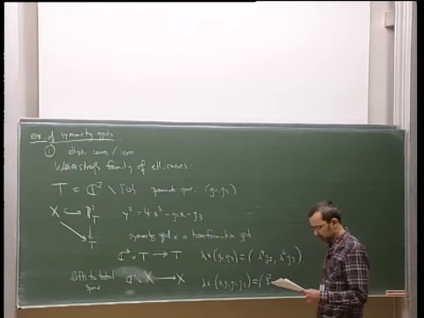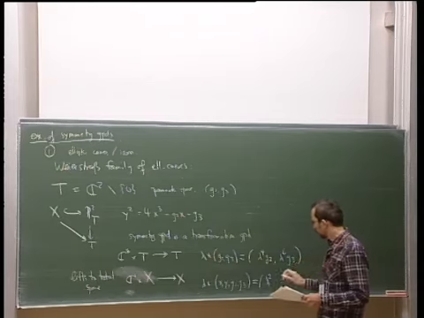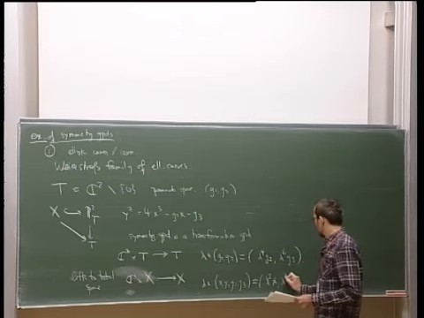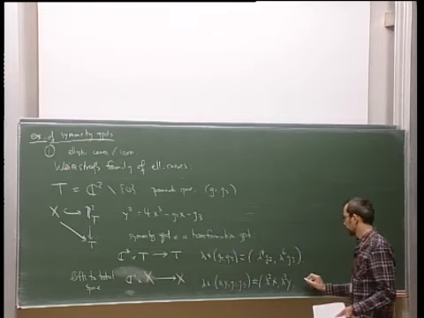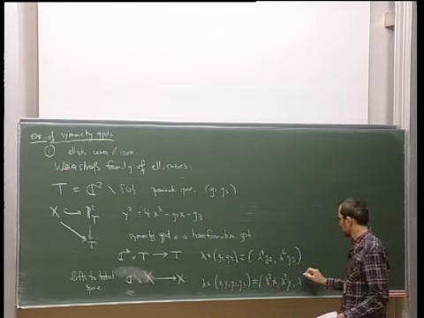On x, it's lambda squared x, lambda cubed y. Well, we already know how it acts on G2 and G3.